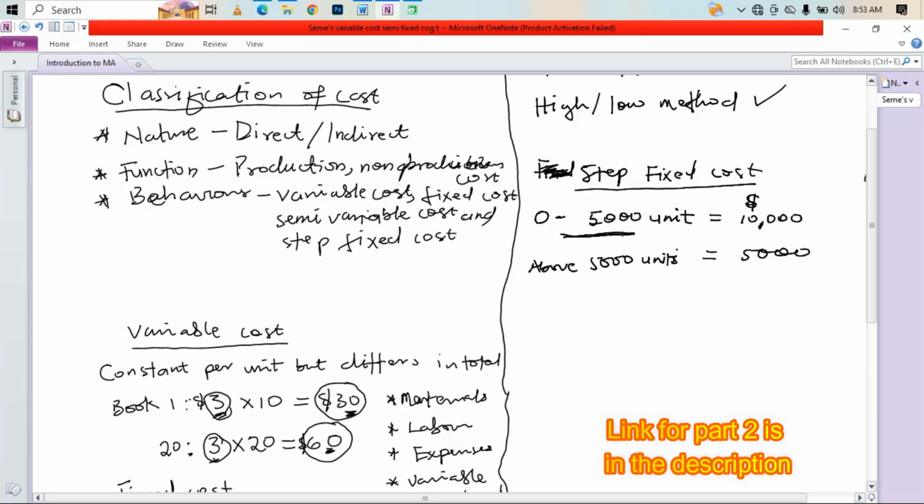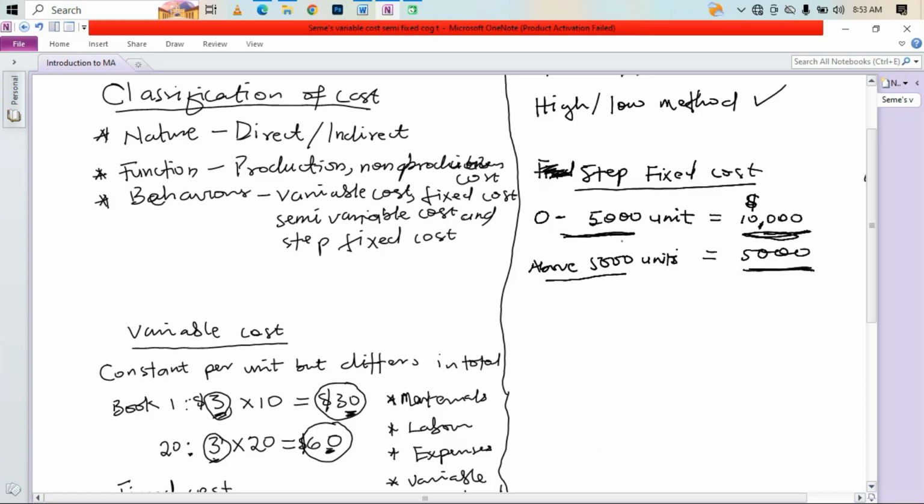From 0 to 5,000, and the fixed cost that we are incurring is $10,000, and we decided to produce more than the 5,000. That means the warehouse that we are using cannot hold the extra units, so we must get an additional warehouse. So our fixed cost, the rent, will increase. So in this case, we are incurring an additional cost of what? 5,000 for the rent. So this is a step fixed cost.